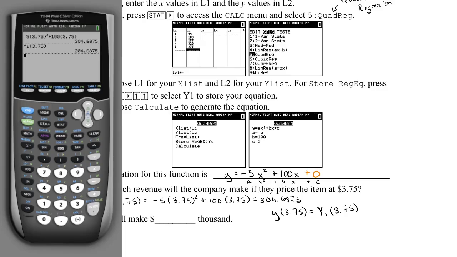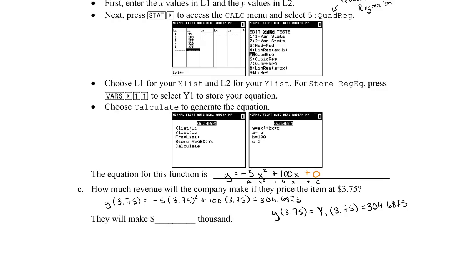And here we get exactly the same answer using our stored equation. Because we didn't have to do any rounding when we wrote down our equation, we can just give this exact value, 304.6875 thousand. That feels a little bit weird since all the numbers in our table were whole numbers.